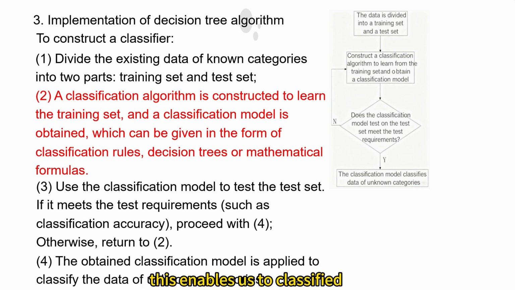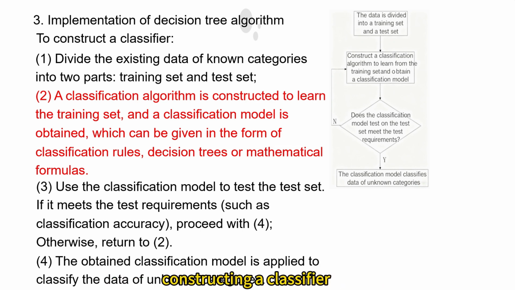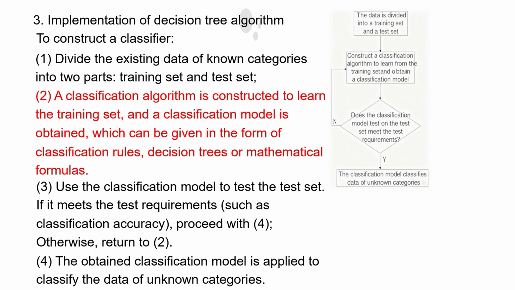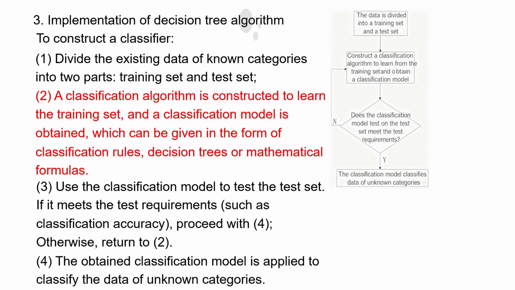This enables us to classify and make decisions about previously unclassified data. These steps represent a typical process for constructing a classifier. It helps us classify new data based on the patterns learned from known data. Continuous model optimization and validation enhance the classifier's performance and accuracy.